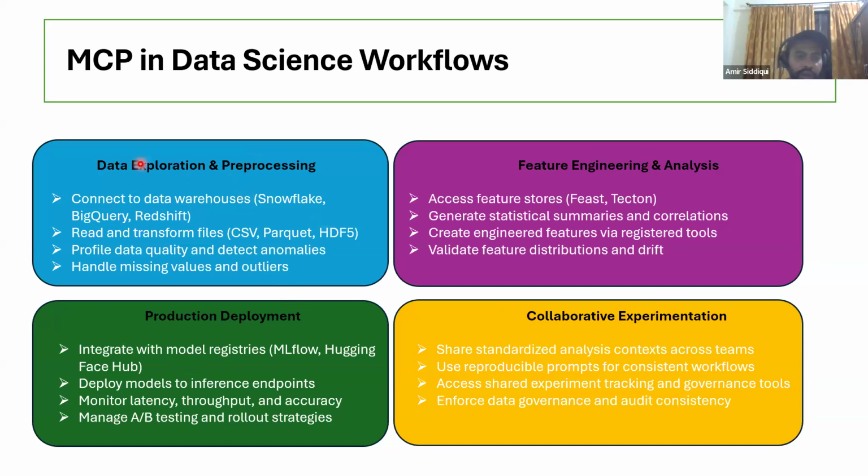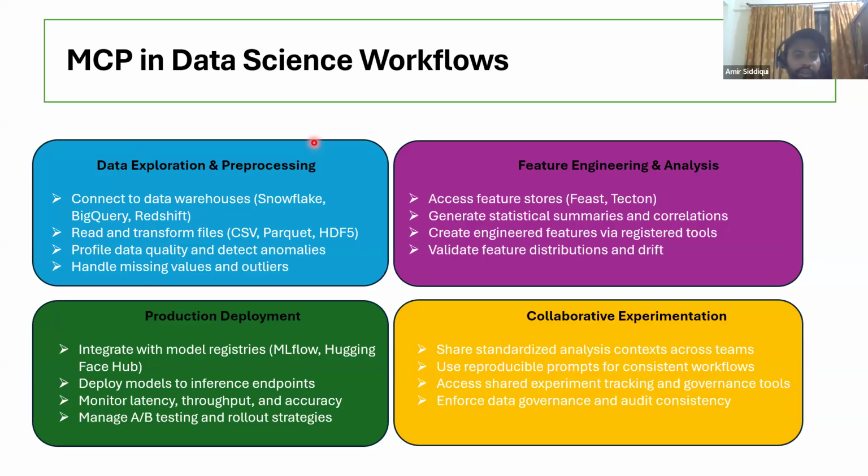Now, in the first part, data exploration, you can connect to your data warehouse or even your data lake, and it can be anywhere, maybe your SQL or a cloud database like Snowflake, Google BigQuery, Amazon Redshift, and other data sources as well. What it can do is read and transform files, and the file format can be different, like CSV, Parquet, HDF5, which is a Hadoop file format, or even Excel.